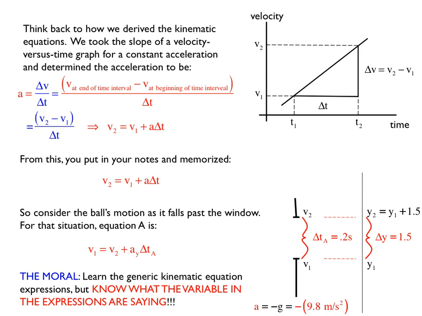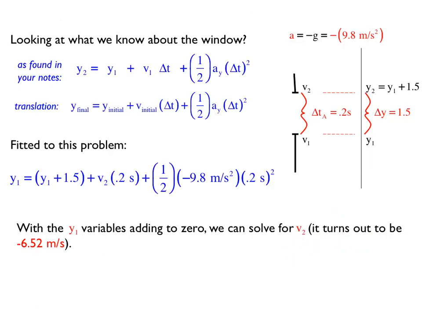It seems as though the area that we know the most about is the area around the window, so let's see what we can do with that. So what kinematic equation do we have that has time, acceleration, and coordinates associated with it? Well, if you look into your notes, you will find that this relationship right here works just nicely.